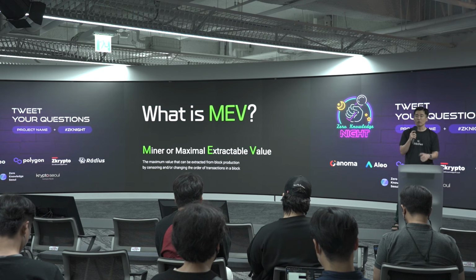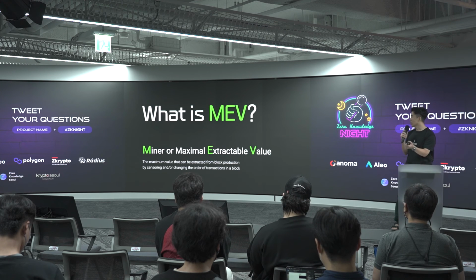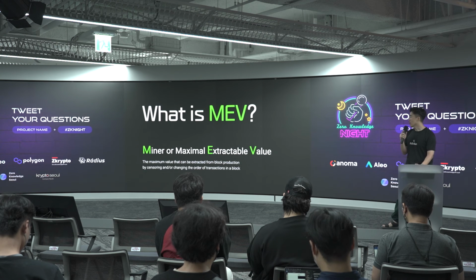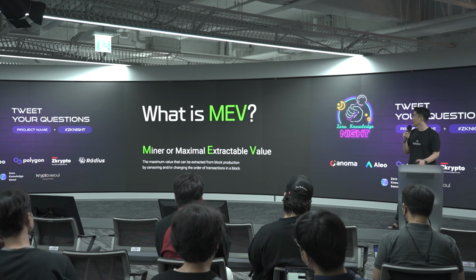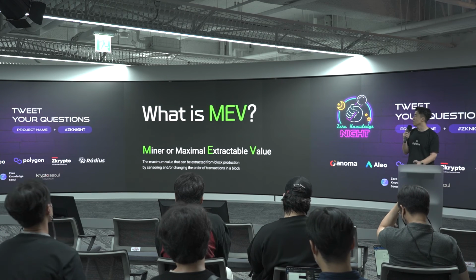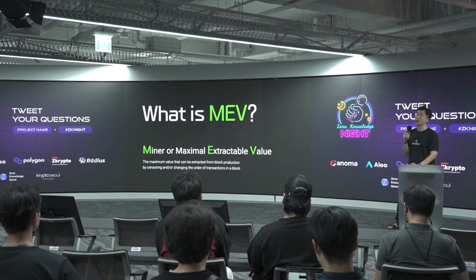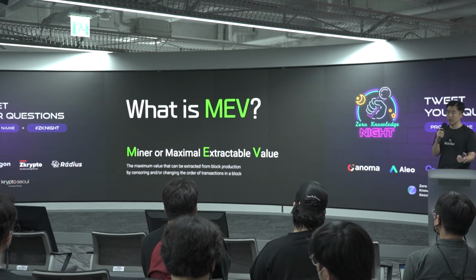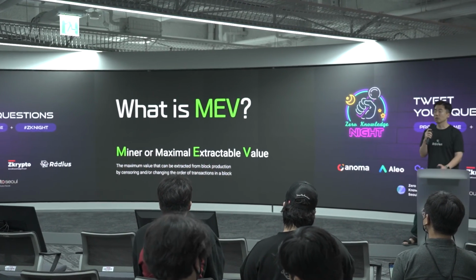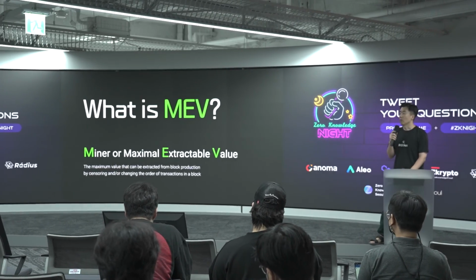Probably you may have heard about the MEV. So MEV is miner or maximal extractable value. That is the maximum value that can be extracted from block production by censoring or inserting or reordering transactions in a block.